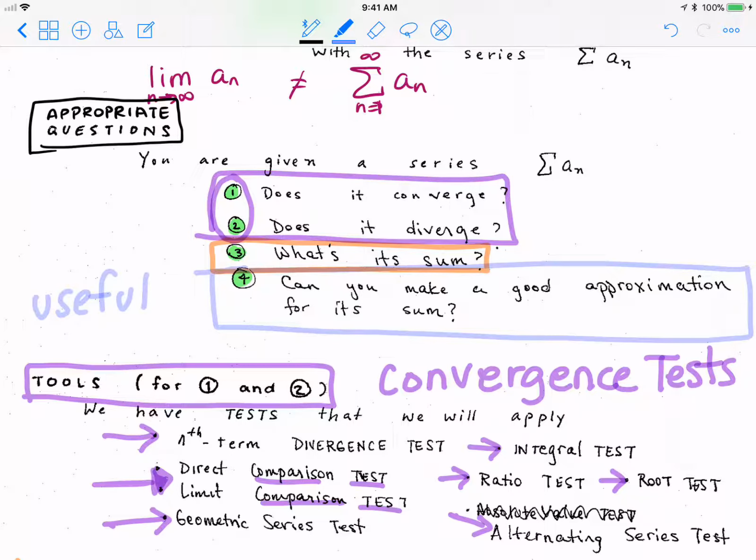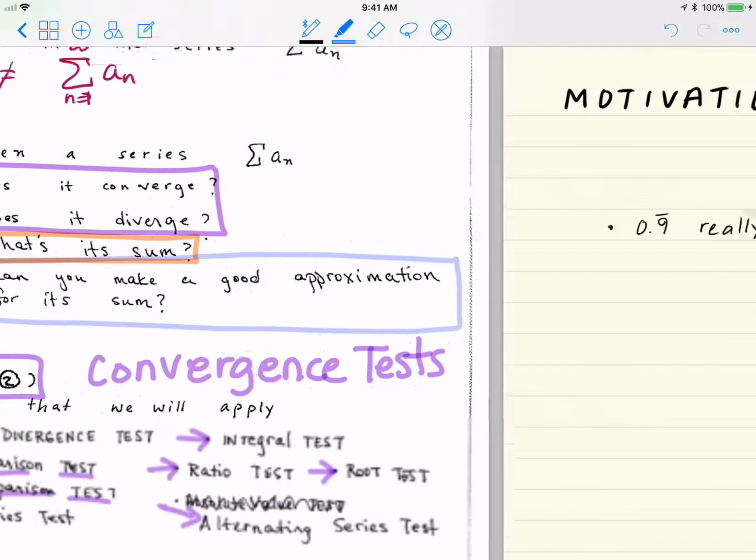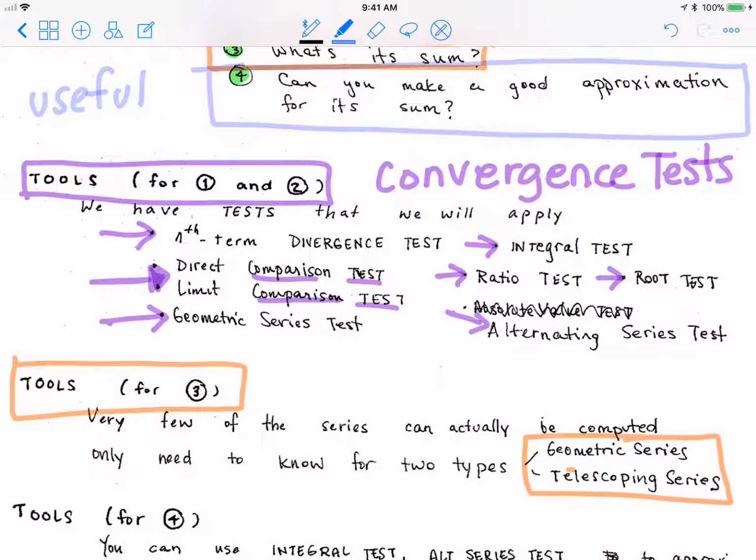It's very similar to the midpoint rule, Simpson's rule, trapezoidal rule, where we've learned these techniques of integration by parts, U substitution, trig substitution, but then we also need to know how to approximate integrals when you don't have an elementary function that you're integrating. It's the same thing here for series. How do we approximate the sum of a series if it's not geometric or if it's not telescoping?